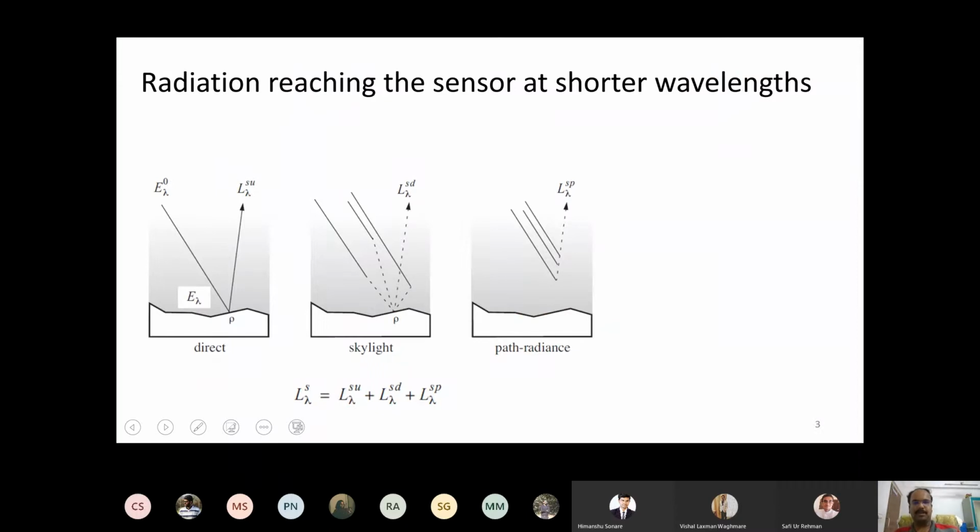The primary 3 components we should consider: the energy reaching the sensor is equal to the energy directly reflected by the object of interest, plus the path radiance, that is the diffuse skylight directly reaching the sensor, and plus the diffused radiation that is reflected from the object of interest and going back. These three paths we have seen.